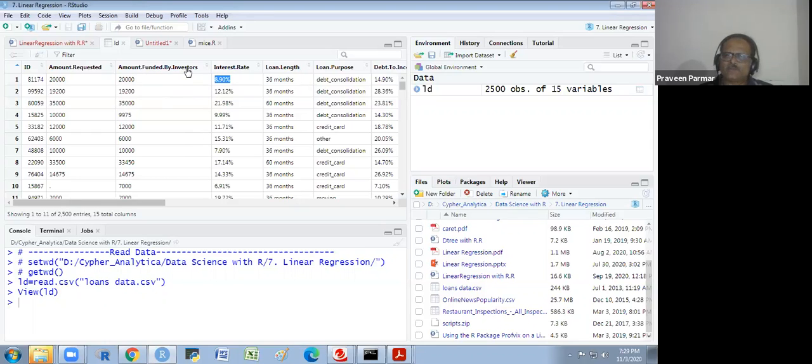Amount funded by investor is a post activity. This is not before. First you predict the interest rate, what amount you are asking, and all these things you will give, and you will get this interest rate. We will not get this figure. This is not a figure of the person who is demanding a loan.